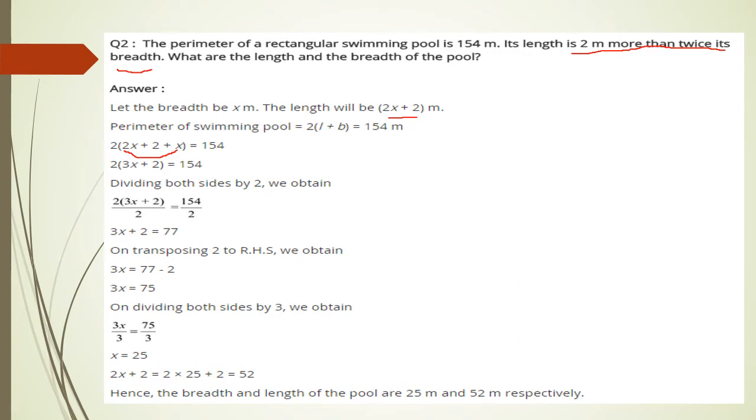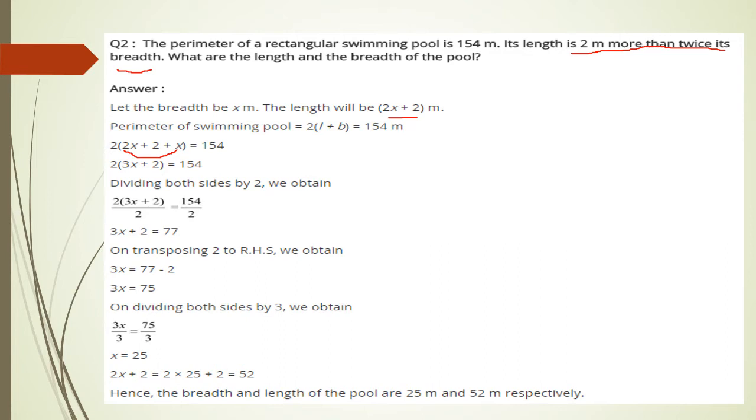Dividing both sides by 2, we obtain 2 into 3x plus 2, divided by 2, is equal to 154 by 2. That means this statement comes as it is. We write 2 into 3x plus 2, then divide this by 2.